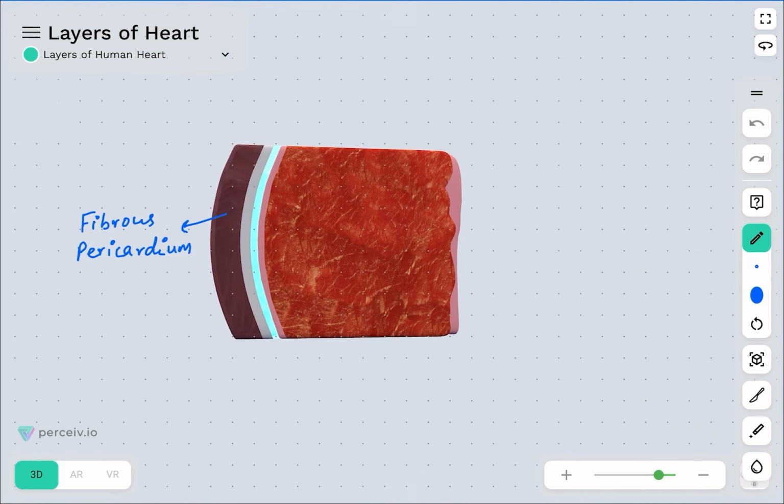Now this layer is called the parietal pericardium. All right. And this layer, which you can see over here, which is a very thin layer, this is called as visceral pericardium.